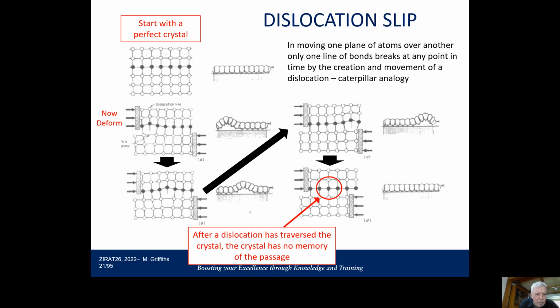So we break one line of bonds and we can push this part of the lattice over. And then we only have to break one line at a time in order to move this displacement from here to here to here.